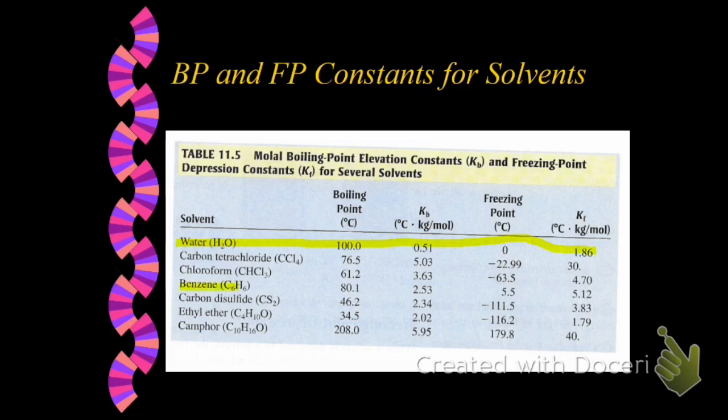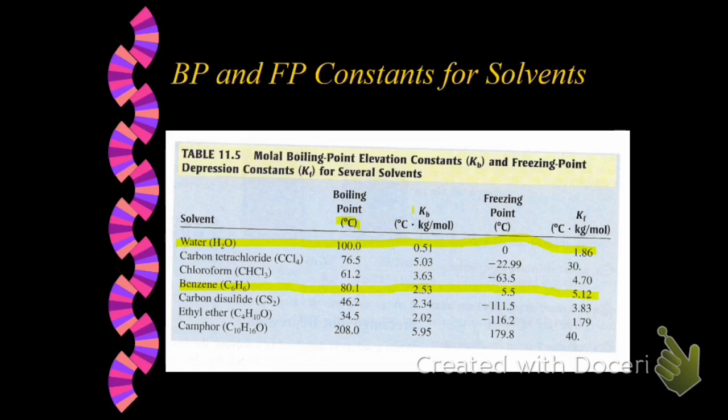If we have benzene, we would be looking at this line here. The boiling points are given because, a reminder, we're going to calculate the adjustment to the boiling point. So if we find that the change in boiling point is 5 degrees and it was in a water solution, we would add 5 to the original boiling point of water and find its new boiling point.